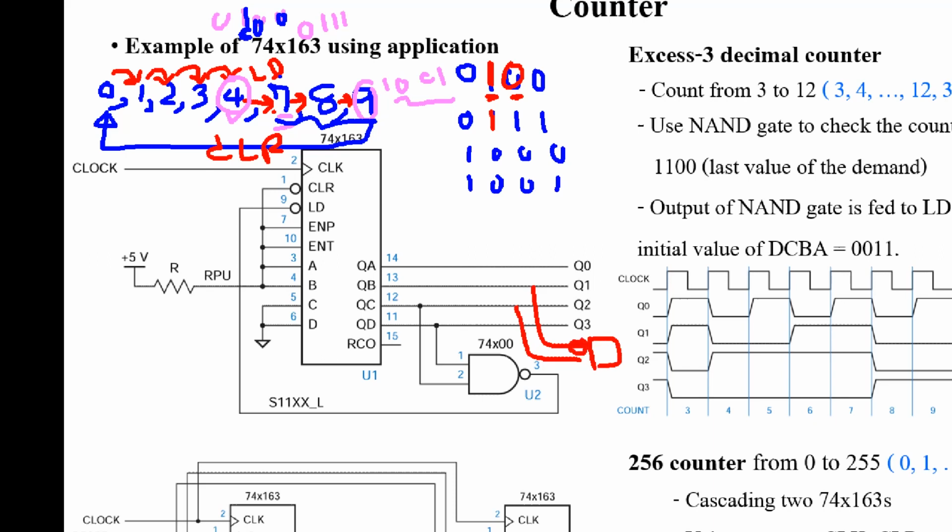Active low here, active high here. Okay, to load. Active low to load. And the next state is 7, so you apply 0, 1, 1, 1 for DCBA.